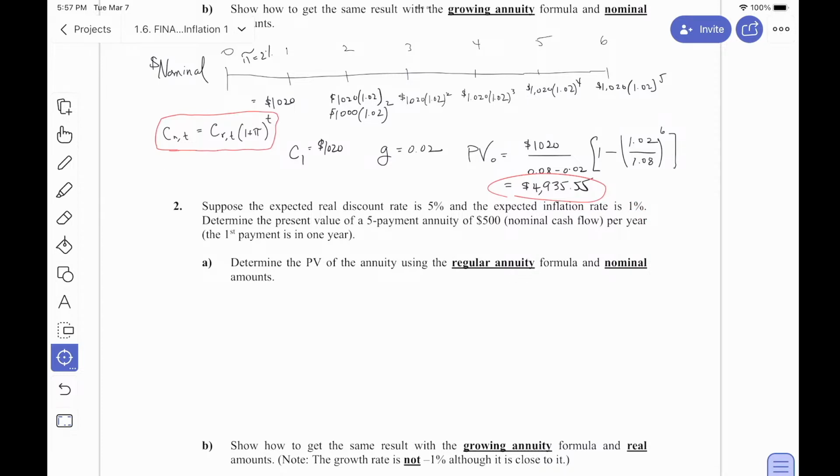So how many of you tried this problem already? How many of you have already attempted this and looked at the answer, solution? No one?